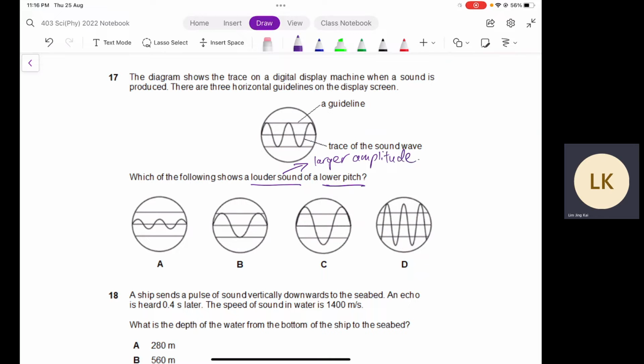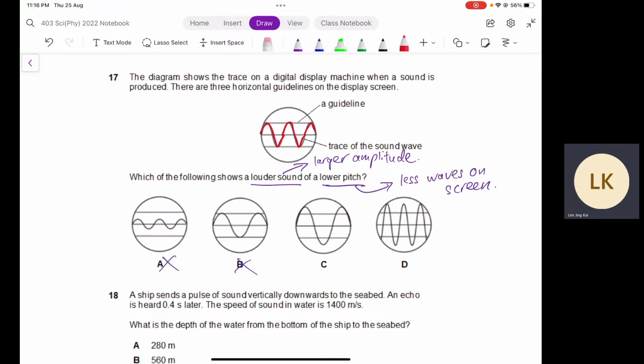Using the 3 lines as the guide, you can see that A and B are not correct anymore. For the second condition, lower pitch, lower pitch means fewer waves seen on the screen. In this particular case, I have 1 complete wave, 2 complete waves, and a half.